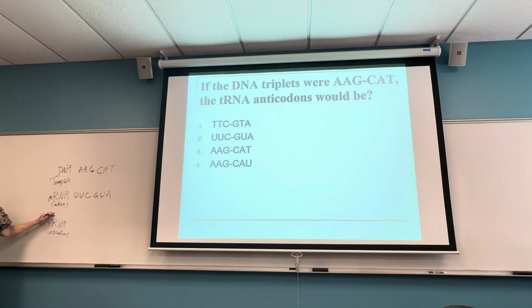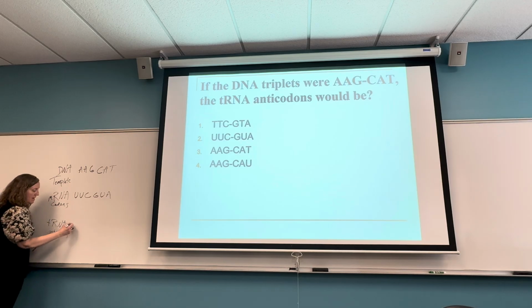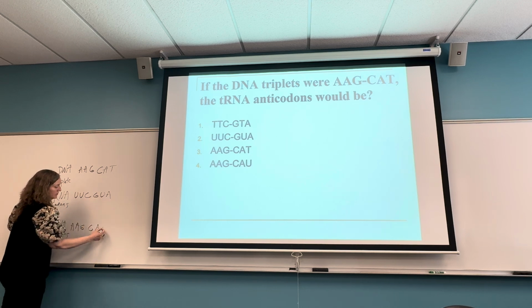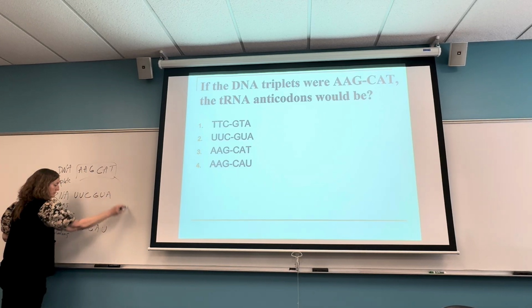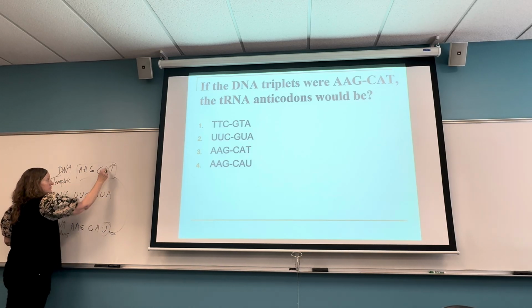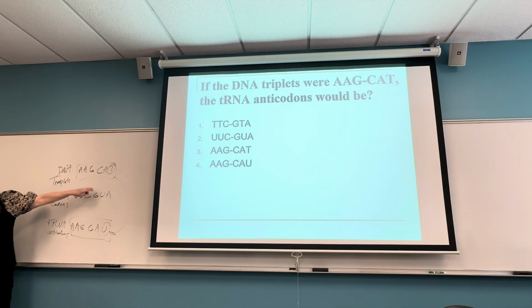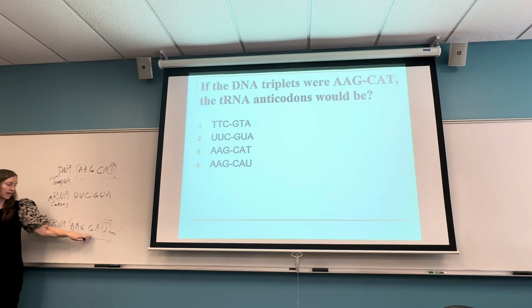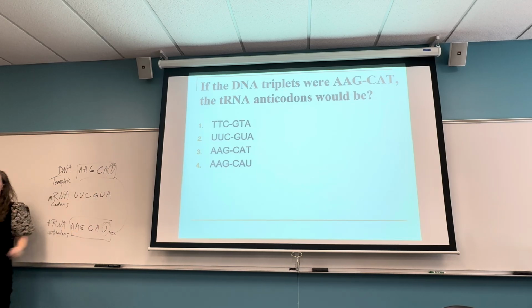To make my tRNA anticodons, I'm going to take the complement of the mRNA codons, so U complements A, U complements A, C complements G, G complements C, U complements A, and A complements U. So these two are similar, except in the DNA you have thymines or T's, and in the tRNA anticodon you have U's where you would have T's in the template strand.